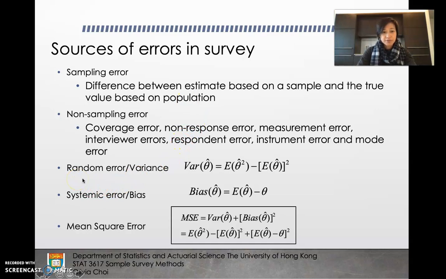For the calculation, random error, or variance, would be referring to the sampling error. Systematic error would be the bias, and usually that is referred to as the non-sampling error. Mean square error is the total of both of the errors.